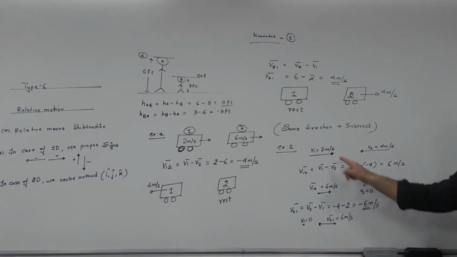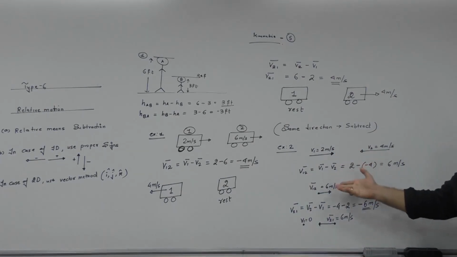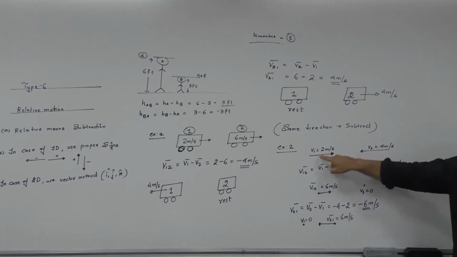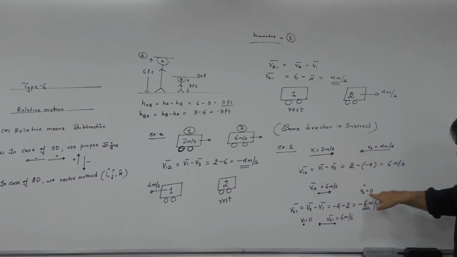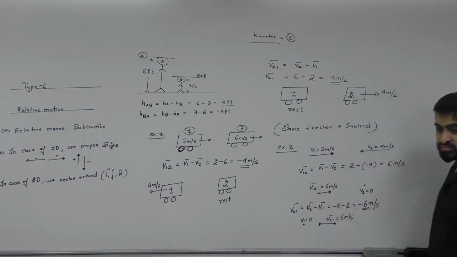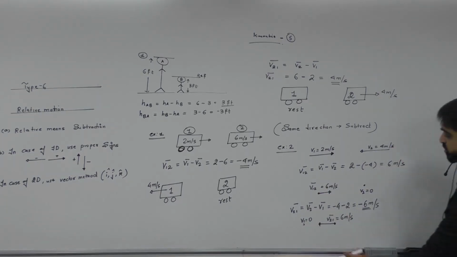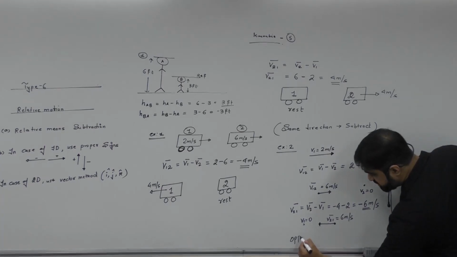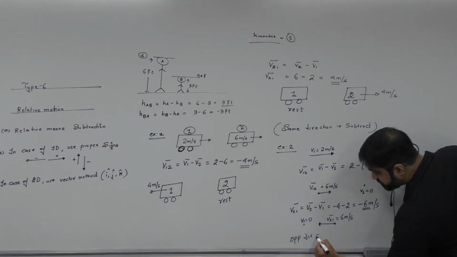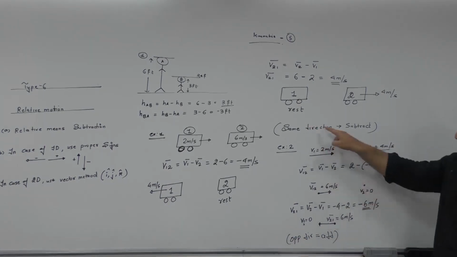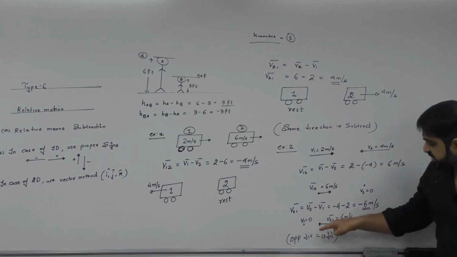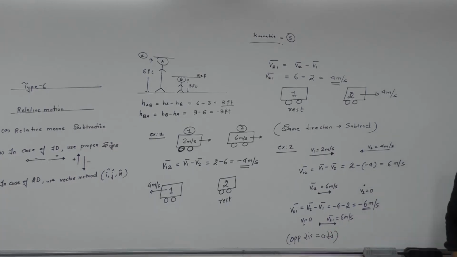What is the rule over here? Opposite direction, add. 4 plus 2? 6. So you stop him. So 6. So what is the rule over here? Opposite direction. What to do? Add. Same direction subtract. Opposite direction add. Did you get this concept?